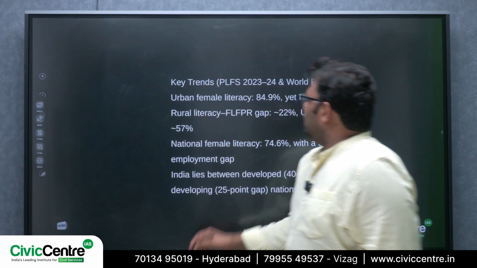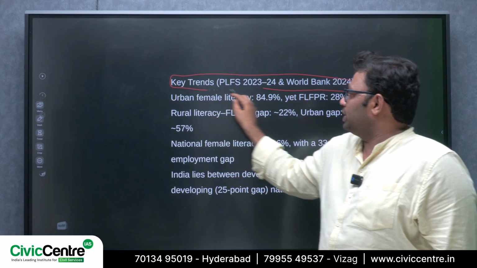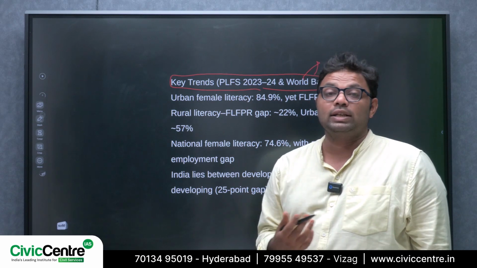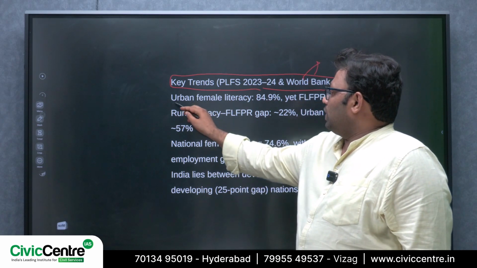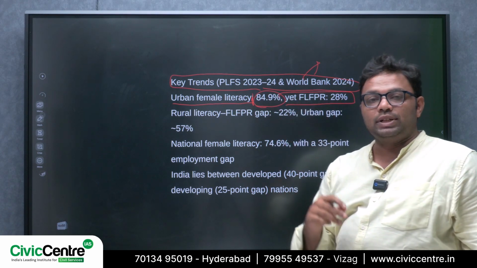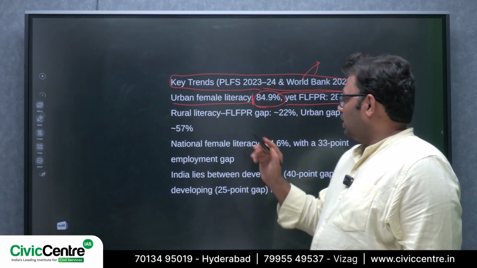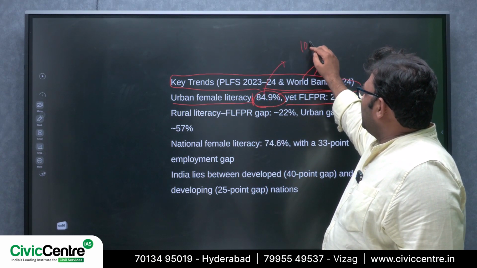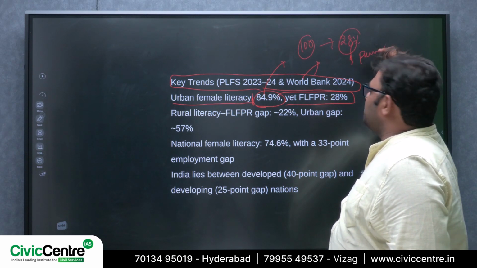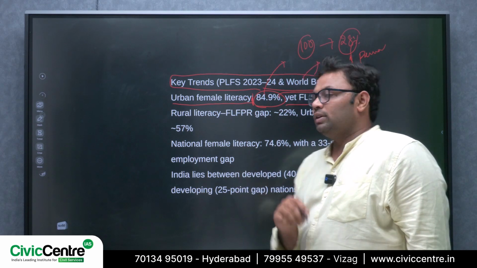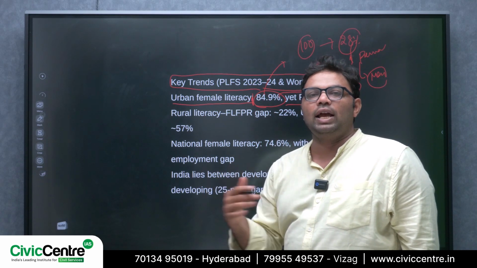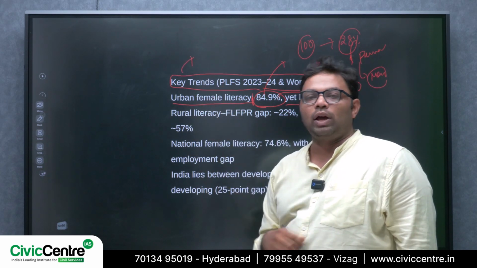Looking at the key trends from 2023-24 and World Bank data, which frequently releases employment statistics, urban female literacy is 84.9% and the female labor force participation rate is only 28%. What does that mean? Out of 100, only 28% are females actively participating in any kind of job, and the remaining are men. This gap should be bridged so that everyone has active participation in employment opportunities.